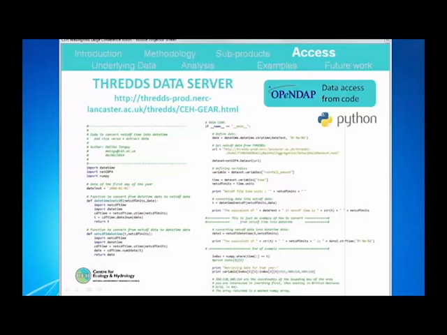You can use this code as a template. It's code that shows you how you can access the data in Python without having to download the data. I'm sorry for people who code in other languages. I only have an example in Python, but I know there are equivalent functions in R, for example, or I'm sure in other languages as well.